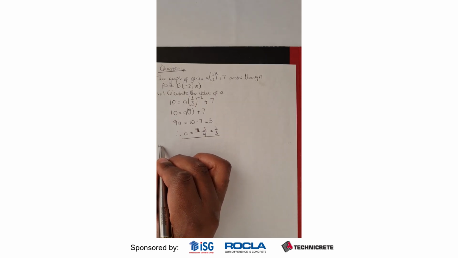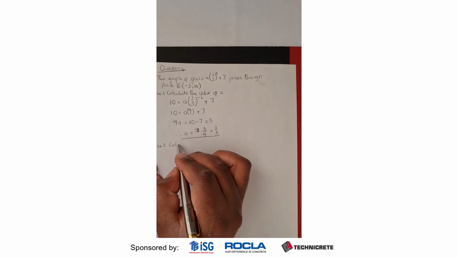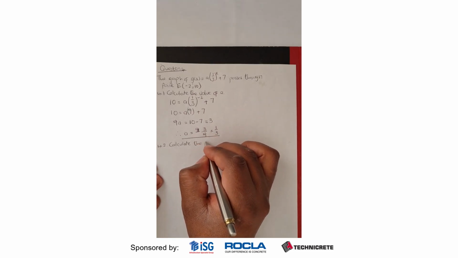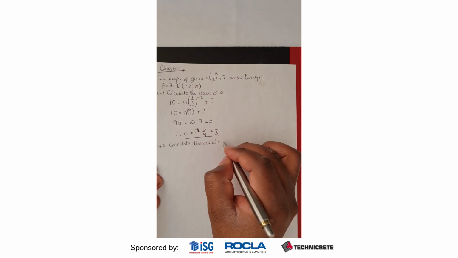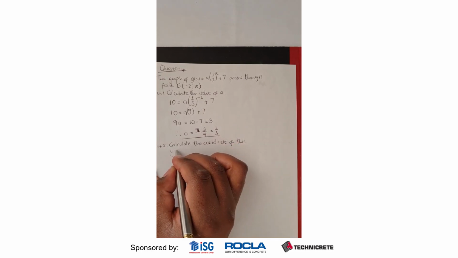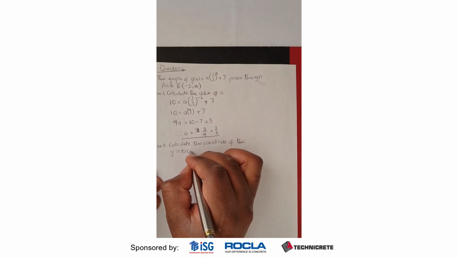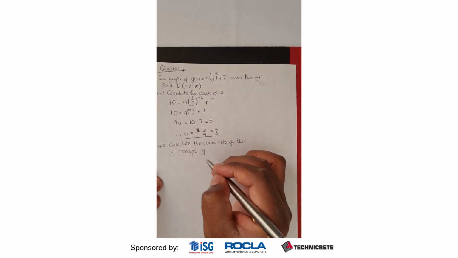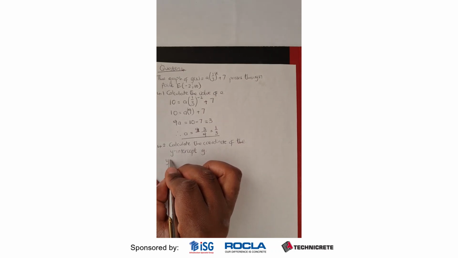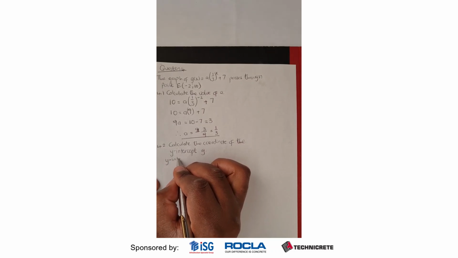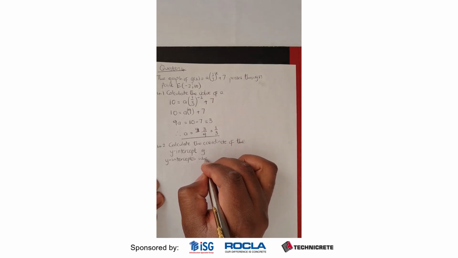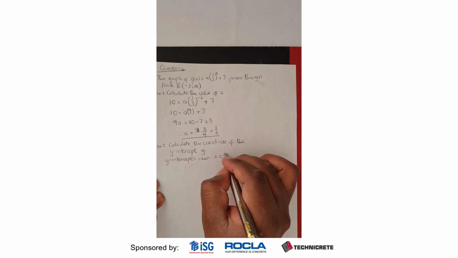Now, 4.2, they further ask to calculate the coordinates of the y-intercept of G. Now, with y-intercept, when we answer in that question, the first thing is that we write y-intercept when x equal to 0.